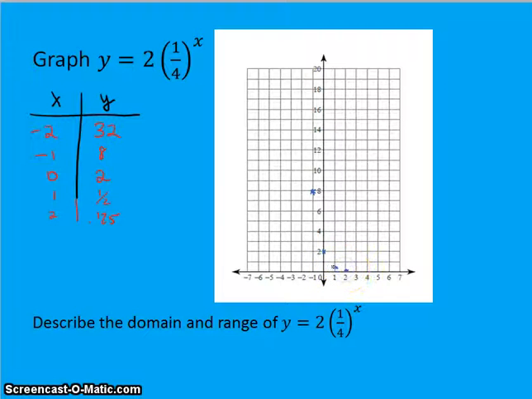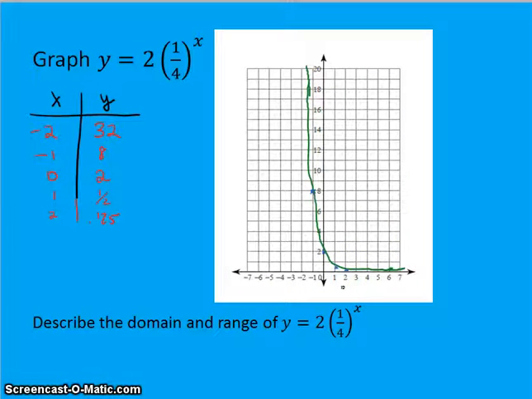It gets really close to the line there. It's going to fall really fast, and then it's going to level off and form that asymptote, get really close to but never touch the x-axis.